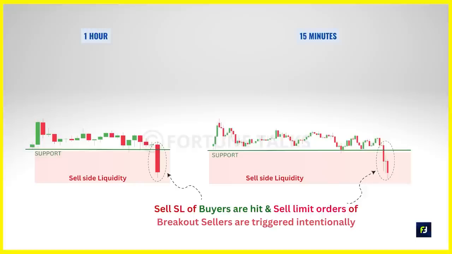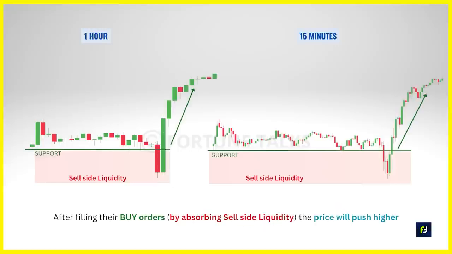Besides this, the willing sell orders of breakout traders also exist below the support level, which are also triggered in the process. And once the institution grabs all the unwilling and willing sell orders as liquidity, their intended upward movement will start. So the agenda of the institutional funding candle is to take out or sweep the liquidity above or below the immediate resistance or support lines respectively.